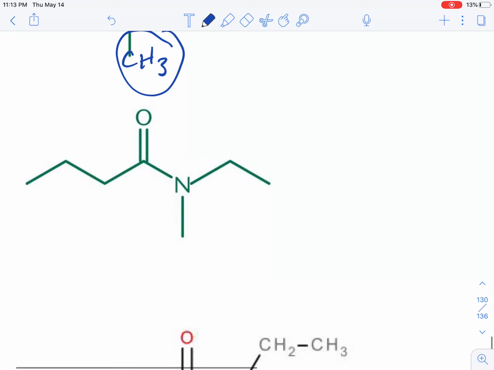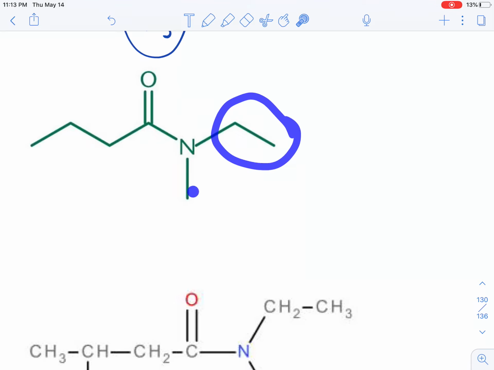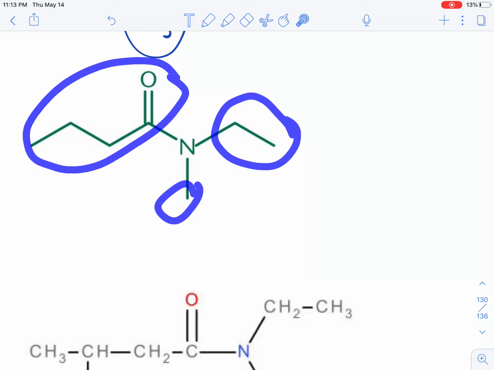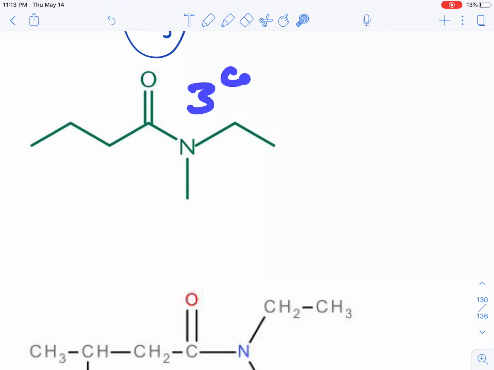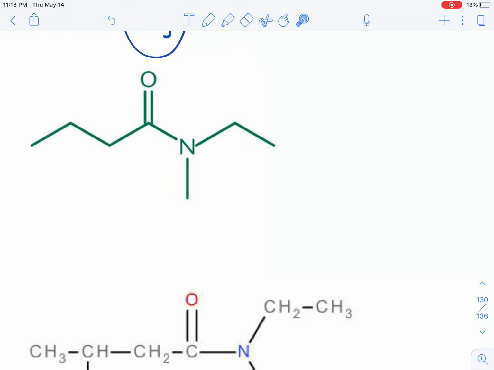And so let's go ahead and look at the next organic compound. So here we have 1, 2, 3 different R groups. So this is a tertiary amide. And since this is my carbonyl group, everything that's connected to the carbonyl carbon, that's going to be my parent chain.